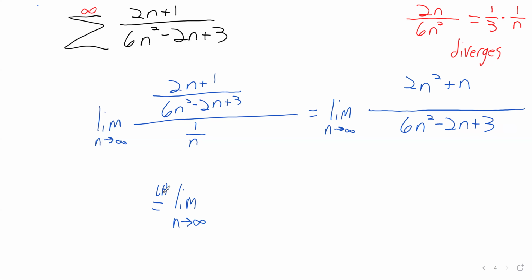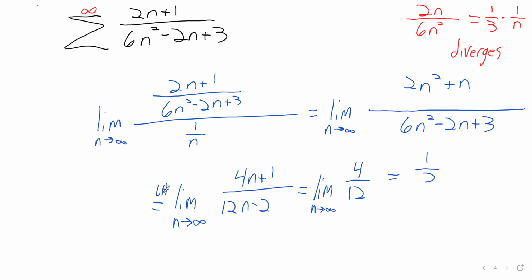Possibly we can just look at this and say that the limit is going to be 1/3, but if not, it's fine. 4n + 1 over 12n - 2. L'Hopital's rule a second time. So this is indeed 1/3.